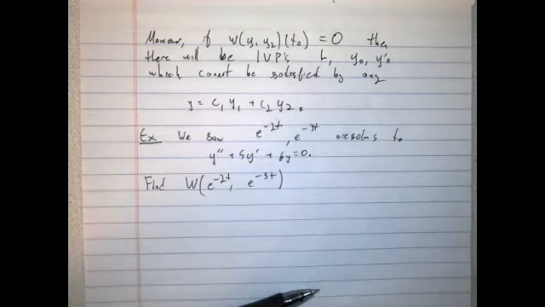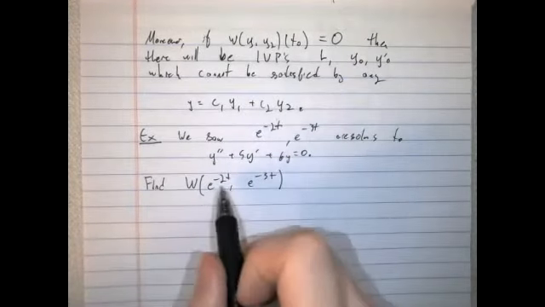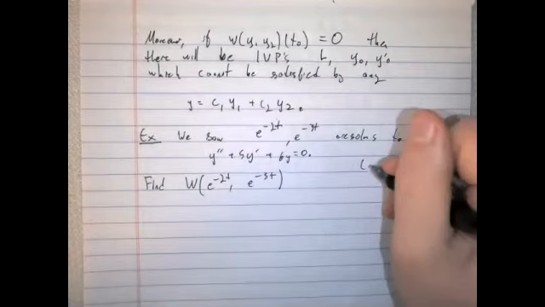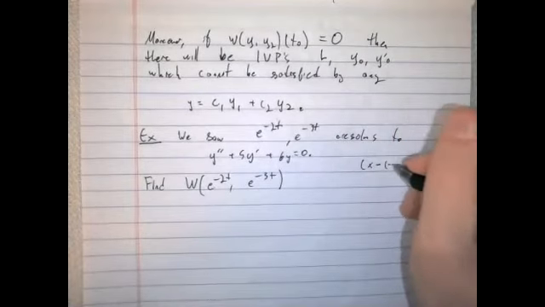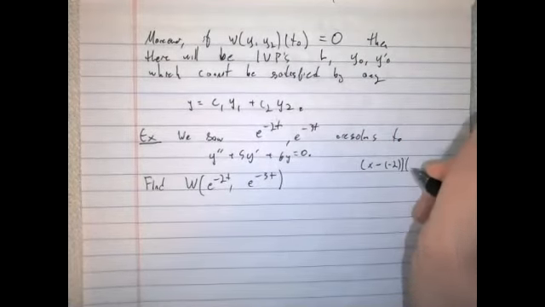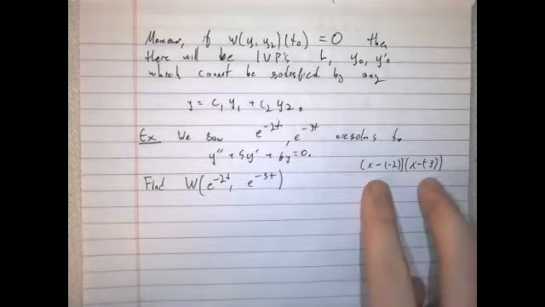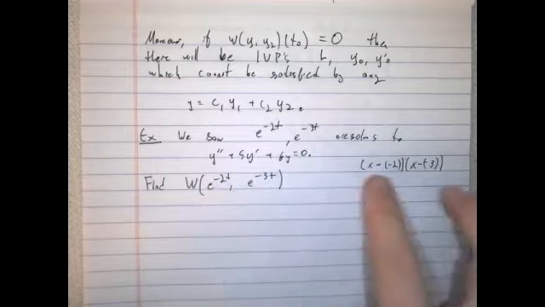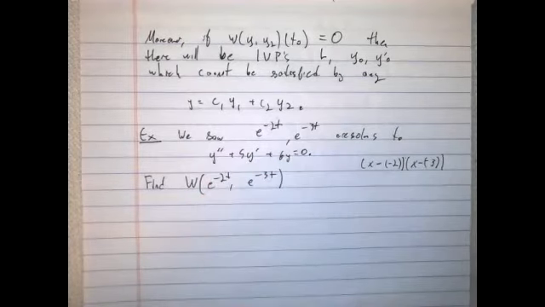Wait, should that be a minus 5y prime? I don't think so. Remember that here these should be the roots, so I'm looking at x minus negative 2 and x minus negative 3, right? And then I get this.